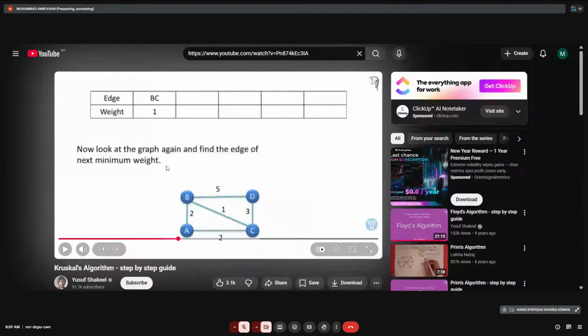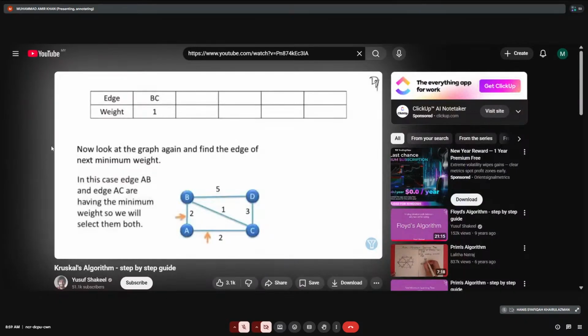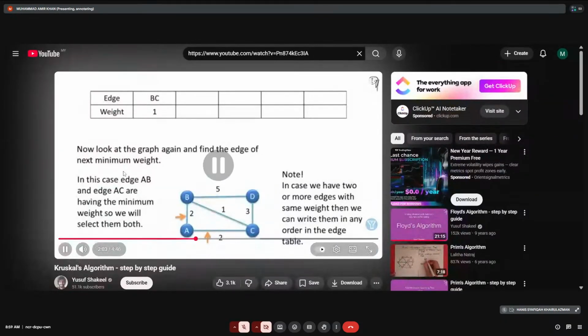Now look at the graph again and find the next minimum weight. In this case, we have A to B and A to C having 2. So we will select both of them. In this case, we have 2 or more edges with the same weight, so we can write them in any order, no issue.